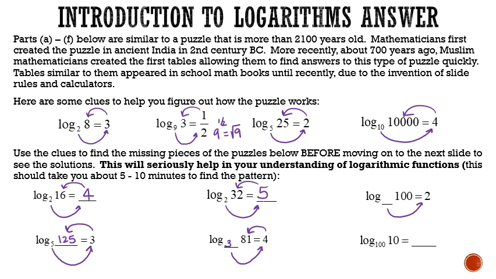What number to the 2nd power is 100? And that's 10. And then 100 to what power is 10? So we can look at that. 100 to what power, and I'll just let that be x, is 10. Okay, so to get from 100 to 10, you're having to square root it. So that's going to be 100 to the 1/2 power.